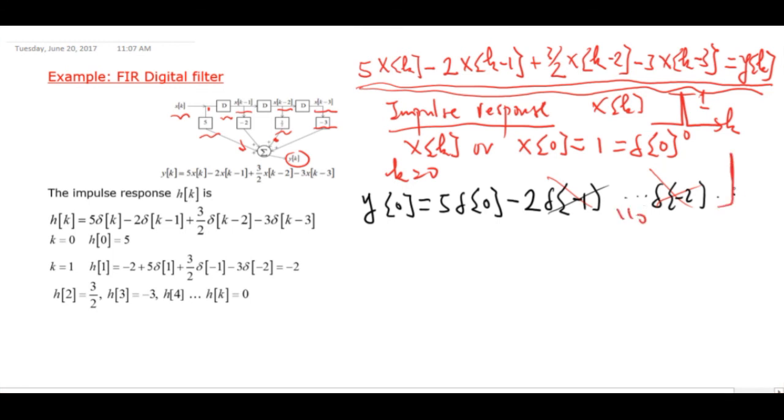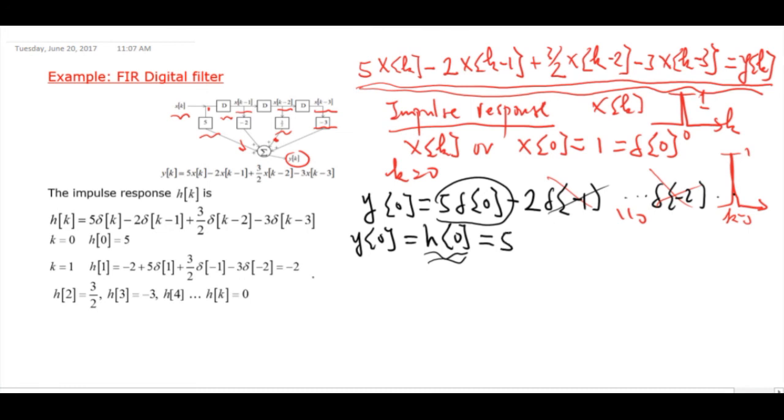Remind you that the impulse is at k equal to 0, and all others are equal to 0 except k equal to 0. So y0 is equal to h0, because the input is an impulse, so we call this the impulse response. We use h to represent it.